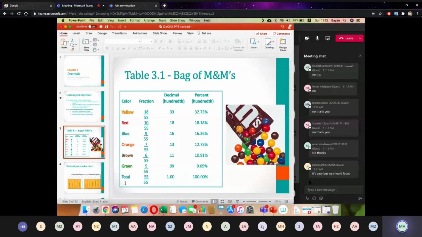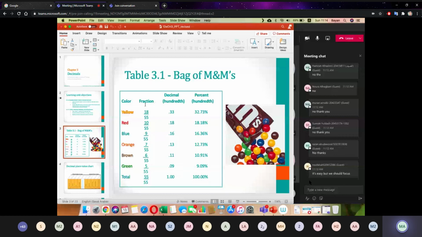We have 6 colors. This is the fraction for the colors. So we have 18 of yellow. The total of candies inside the bag is 55 pieces. So 18 over 55. Here we have 10 red over the total 55, 9 blue over the 55.